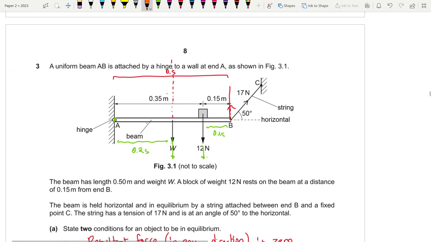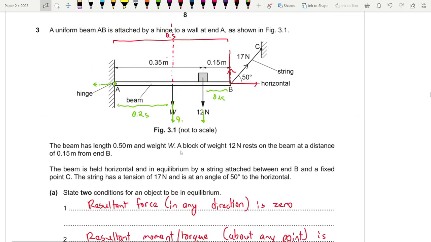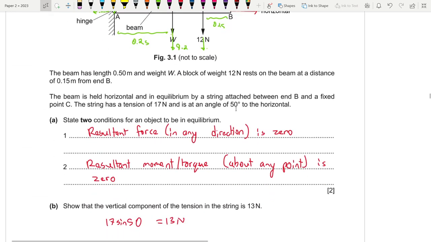So, essentially, remember that the tension over here also has a component like this. Okay, so to balance things out, there must be a horizontal component in this direction, and look at this, the net vertical force, how much is it? 9.2 plus 12, that's 21.2, and the vertical component is 13.